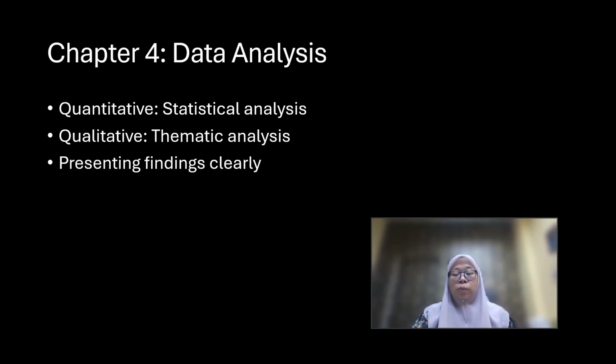So the goal of Chapter 4 is to present your results clearly and accurately while keeping your research question at the center. Remember that all this you will be doing with the guidance of your academic supervisor. Having a good discussion with your academic supervisor will basically help you to design very good data collection.